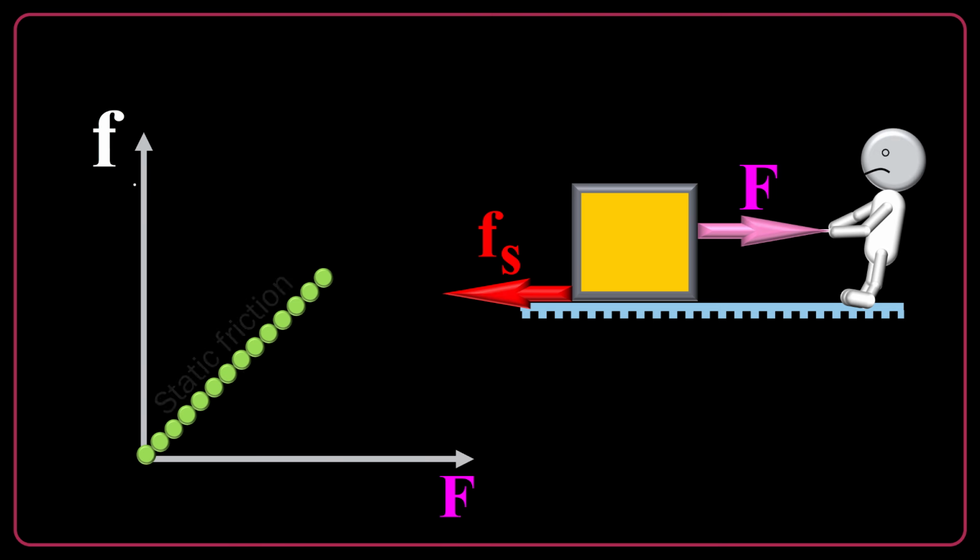So let's continue. Here I call the friction static friction, and it's always equal to my pulling force, not more, not less. Okay, let's say there is a normal force. Do you know what the normal force is? I previously explained everything about the normal force. You can watch this video.